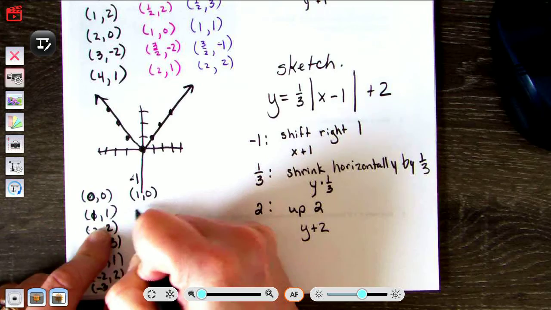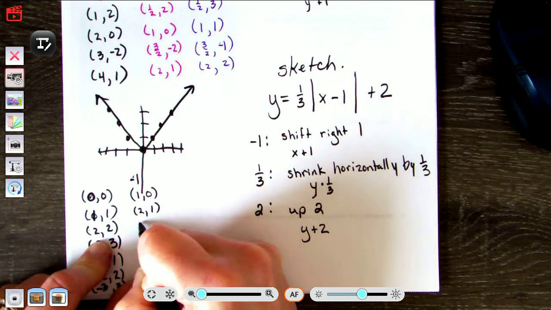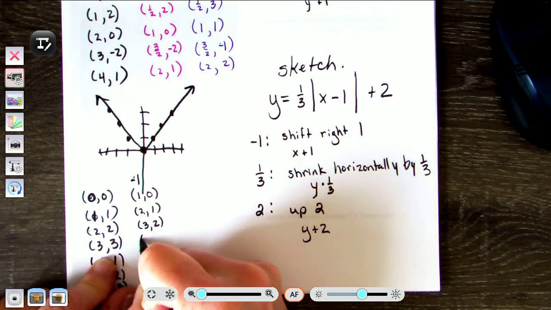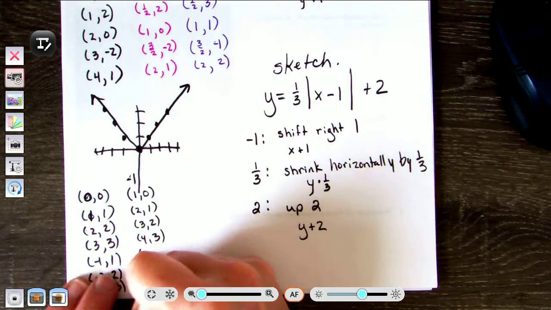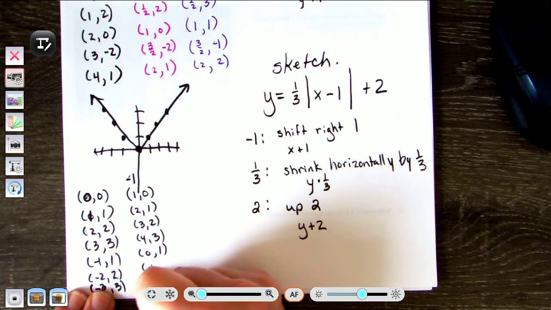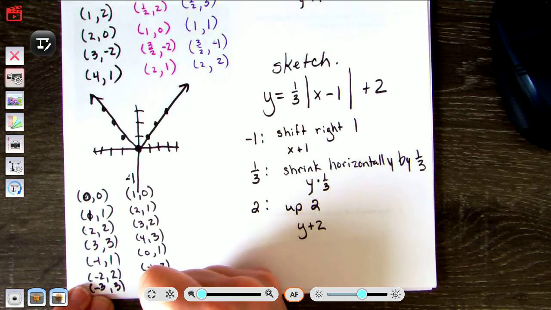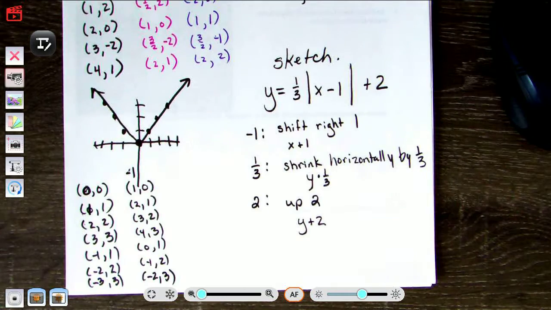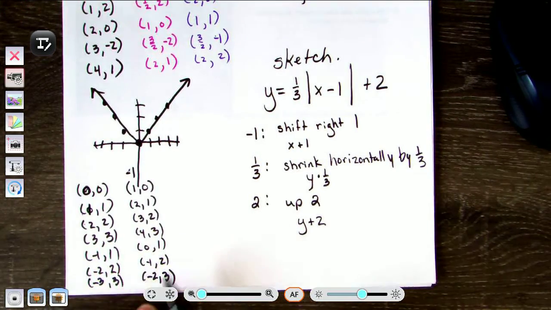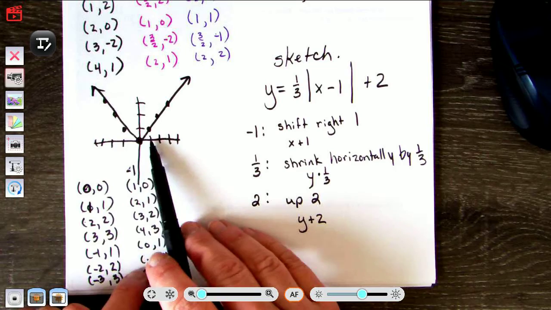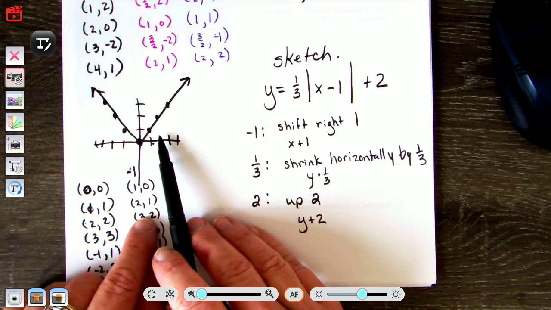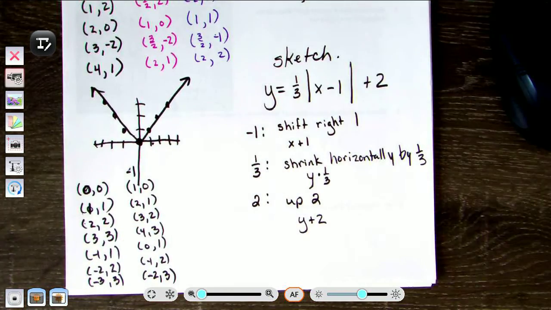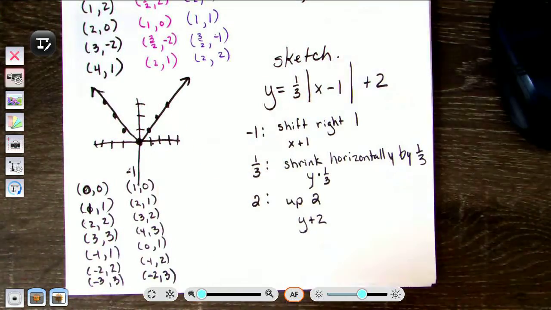So (1, 0), (2, 1), (3, 2), (4, 3), (0, 1), (-1, 2), and (-2, 3). Okay, and I could plot those if I wanted to. I'm just going to plot the final answer so that it doesn't clutter up my graph too much. But you can see this point's going to shift, so it would be at (1, 0), and so forth. So we're shifting it over 1 unit.